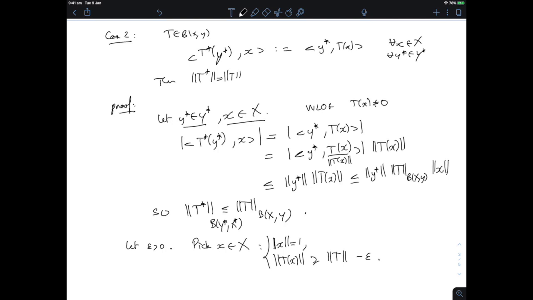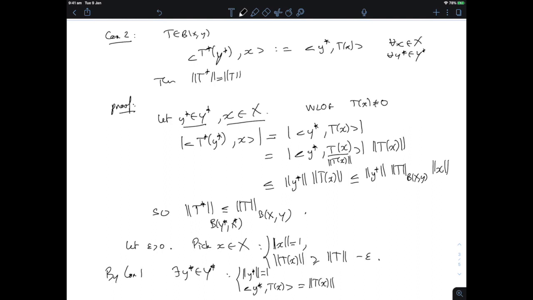And once I have that, then corollary 1, which is really just a corollary of Hahn-Banach, tells me that I can find a y star in capital Y star that has norm 1 and is such that y star of T of x is exactly the norm of T of x, right?